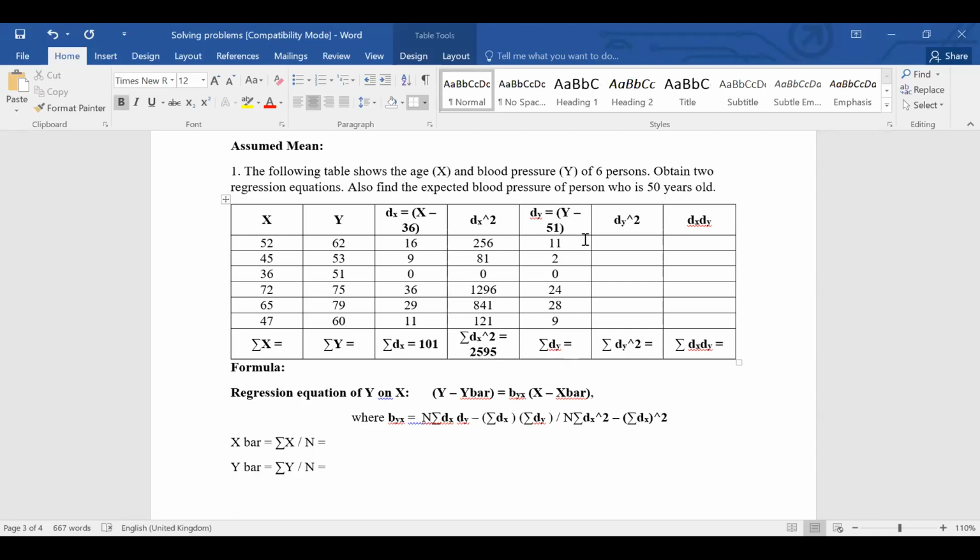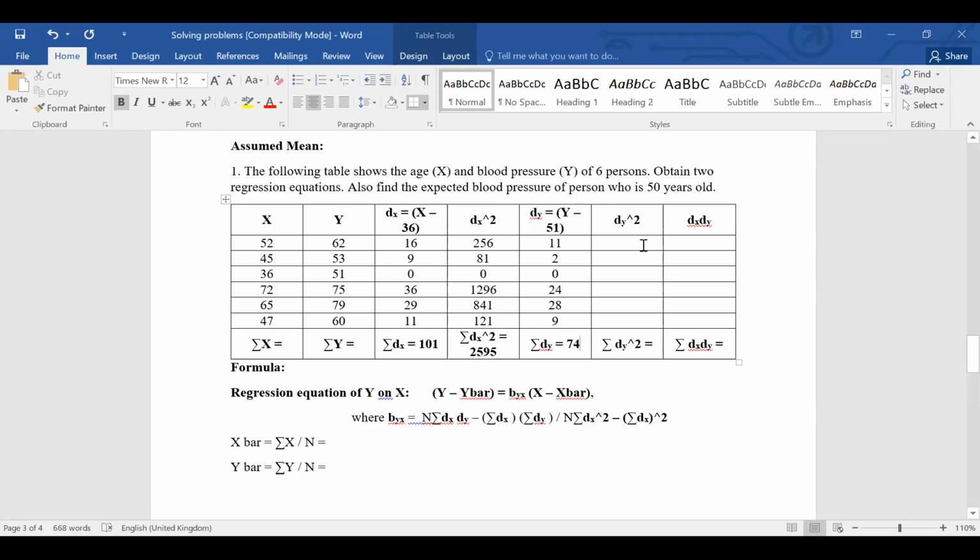Now tell me the summation dy value. Anyone? 14, 18, 28, 38, 46, 56, 66... Sir, it is 74. That's why I'm getting 74. Okay.